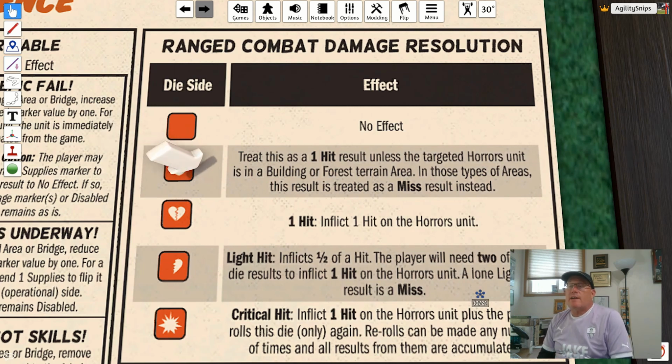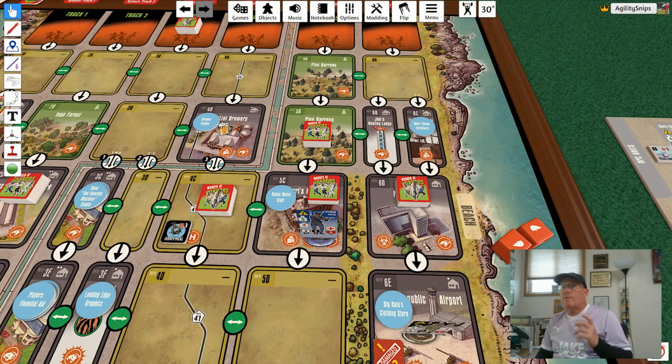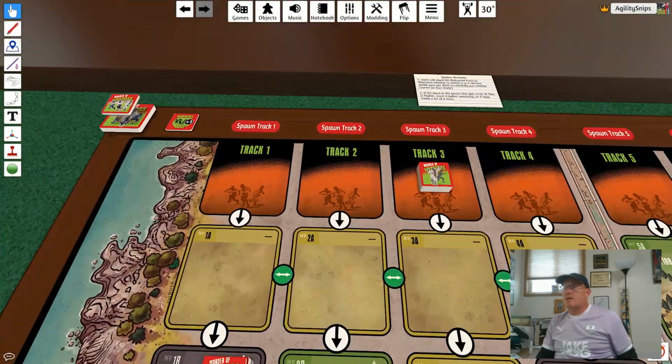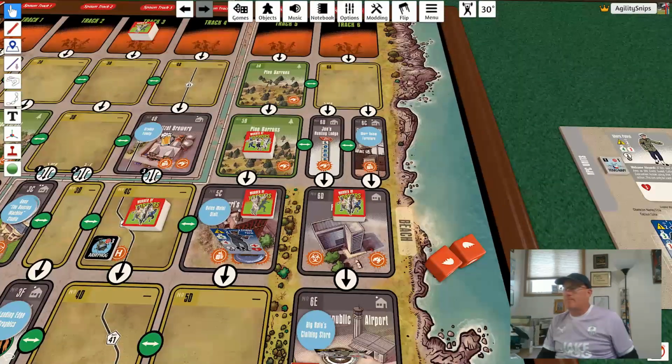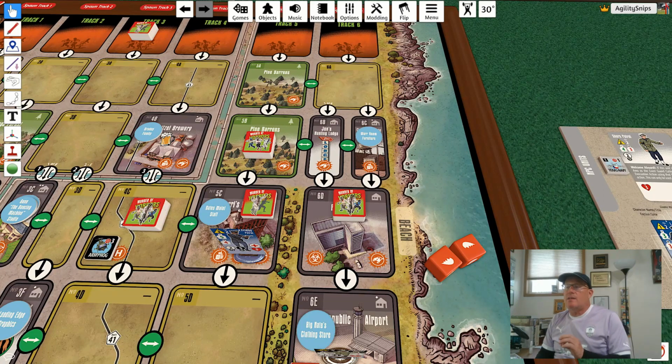Because the horrors aren't actually doing any damage to you, when you roll a shielded result, if the target is in a clear area, you do 1 hit. If they are in a building or a forest area, you do no hits. So having done 2 partial hits, that means that I have done 1 hit. I remove 1 Murder of Horrors tile, put it back in the bag. And that is the end of range combat.